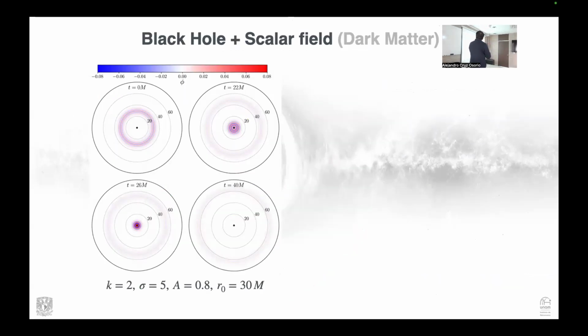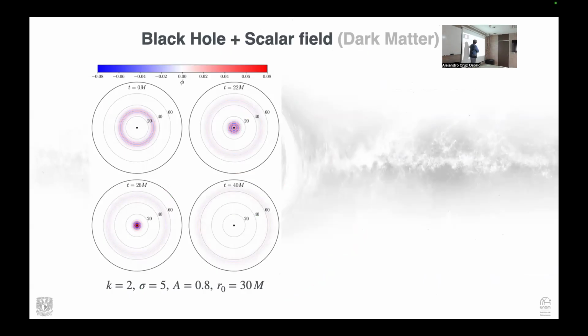Okay, so this is an example of the evolution of the scalar field. Here we have our black hole. This is for the initial time. Then we have located our wave packet at 20 m, and we just let the Einstein-Klein-Gordon equation evolve it.